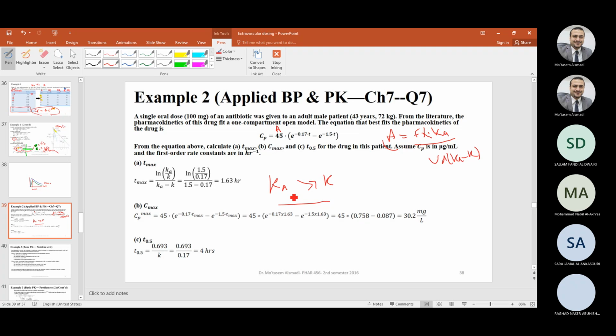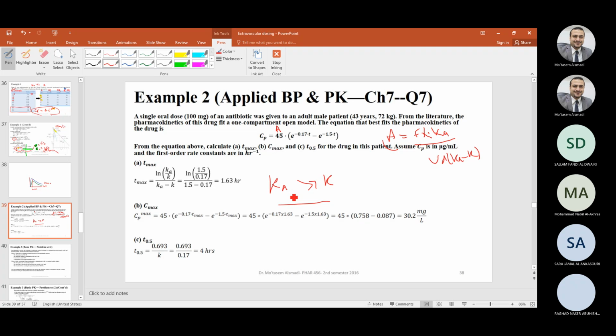Yes. So the default is that you have a normal kinetics unless I stated something else in the text of the question. Okay, I said clearly that this drug has a flip-flop kinetic. How to know whether you have a normal kinetics or a flip-flop kinetic? We'll discuss this inshallah in the next coming slides.